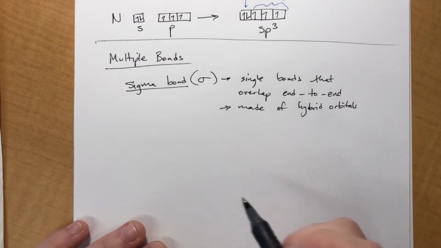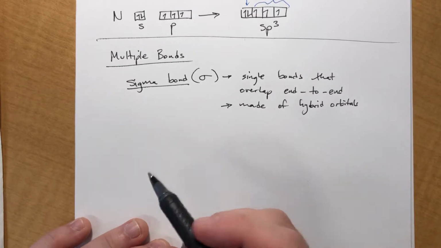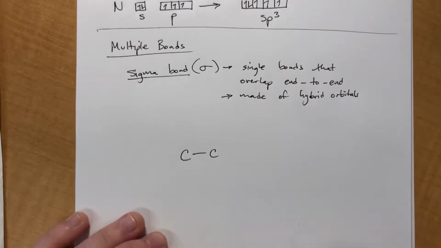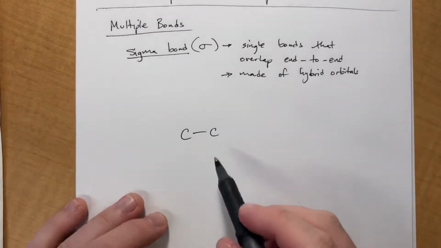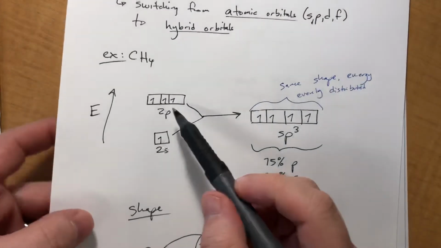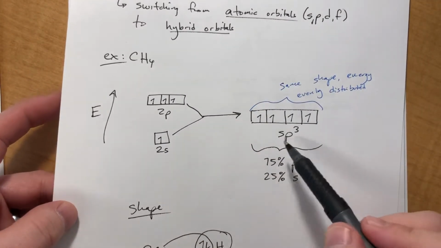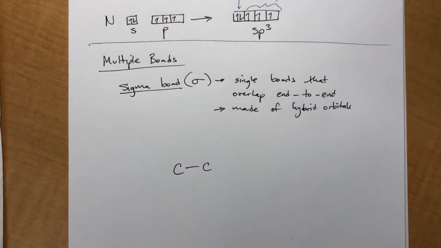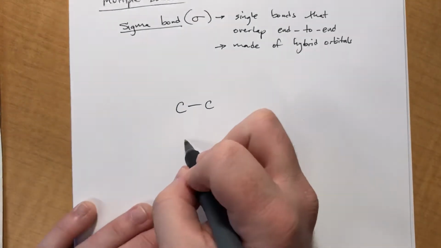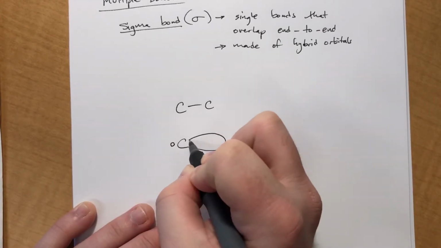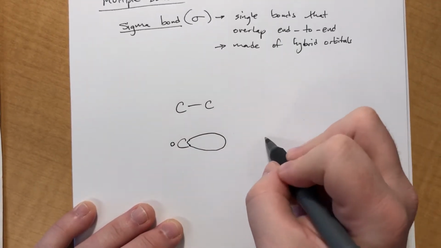So for example, if you had 2 carbons, okay, and they were bonded together, the way we would typically visualize it is, we said that if you have all single bonds, you have 1, 2, 3, 4 orbitals, you get sp3, and you're going to end up with this type of shape. The way we would visualize it is we end up with an orbital like that, and then a little side over here. I'll actually finish them off so they look a little better.